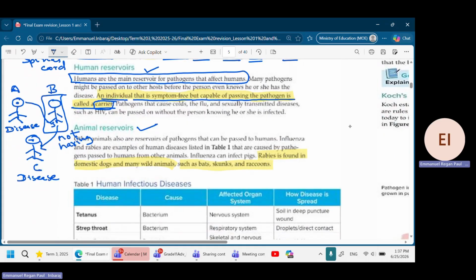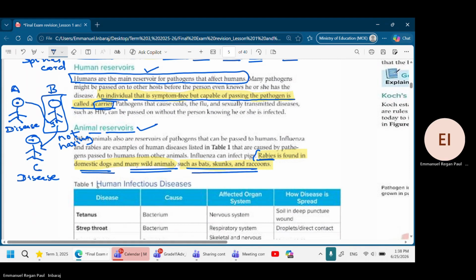The next thing that you need to study is about an animal reservoir. Not only humans are reservoirs, animals can also be reservoirs. One disease that you know is rabies. Rabies is found in domestic dogs and many wild animals.